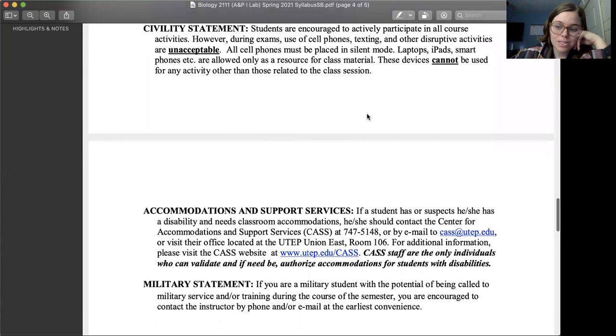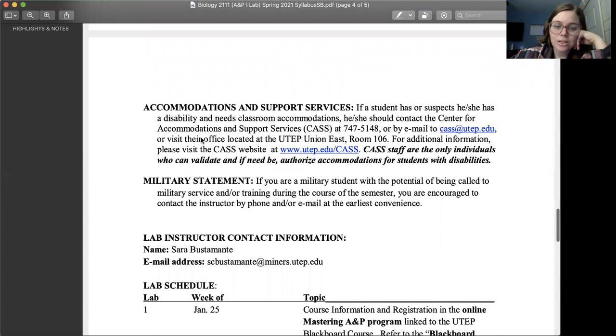If you need any accommodations or support, you would contact the CAS system or the CAS services. In other words, you don't need to email me directly. You could email CAS, and then we wind up getting an email from them that gives us details and keeps the majority of the information under anonymous kind of behaviors and things like that.